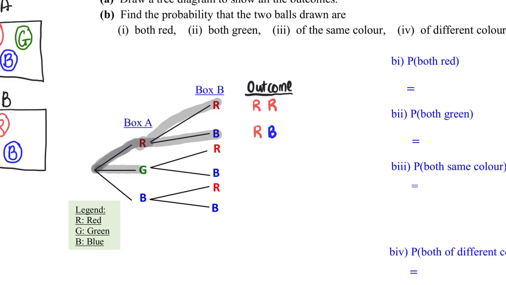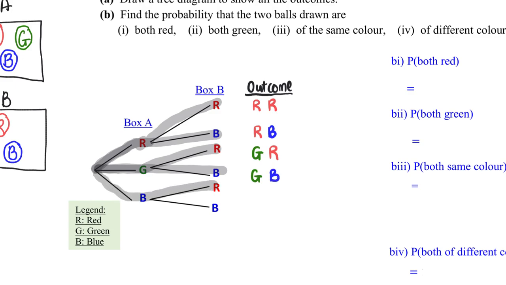And as I continue, this means that the first ball that I've gotten out from box A is green, the second ball is red. If I continue this branch, it is green ball first, followed by blue ball.